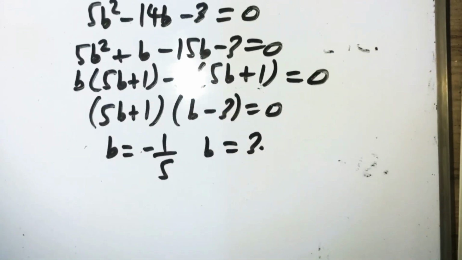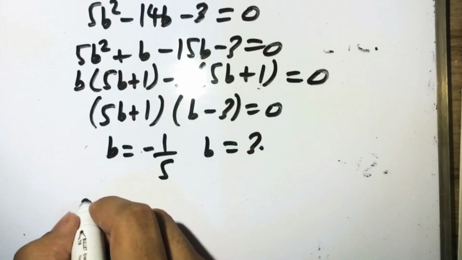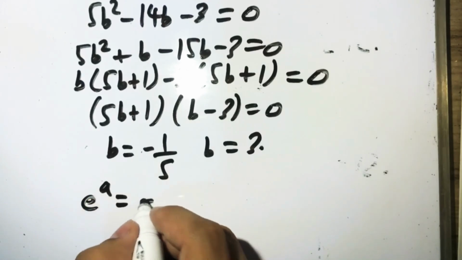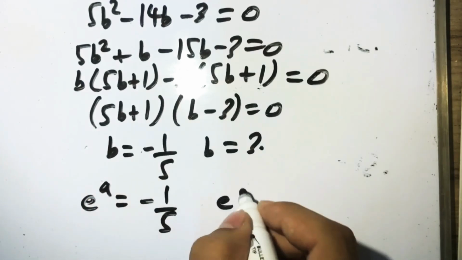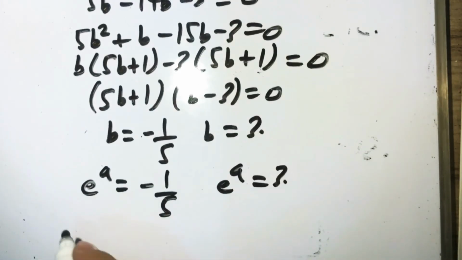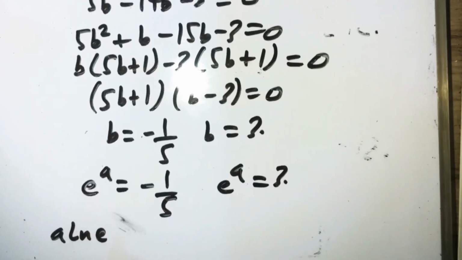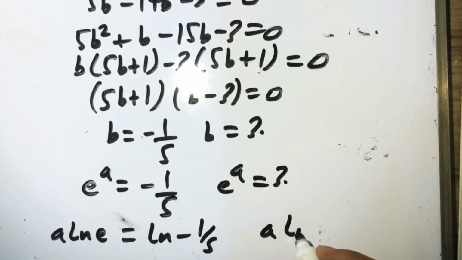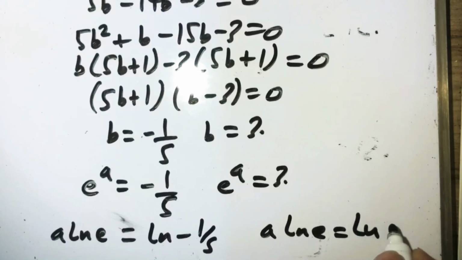Now b was e to the power a. So e to the power a is equals to minus 1 over 5 or e to the power a equals to 3. Now to find a, we'll put ln on both sides. Ln e to the power a can also be written as a ln e equals to ln minus 1 over 5, or a ln e equals to ln 3.